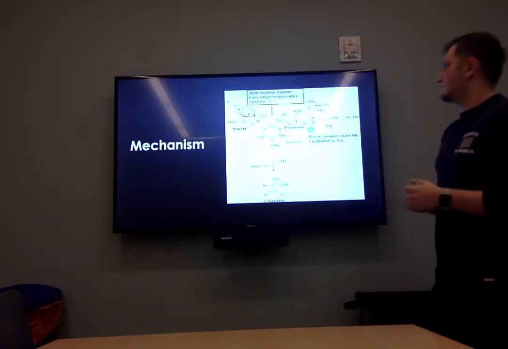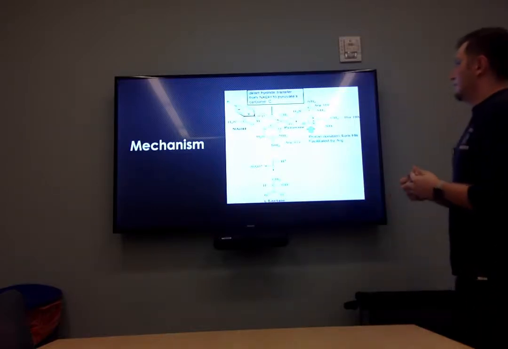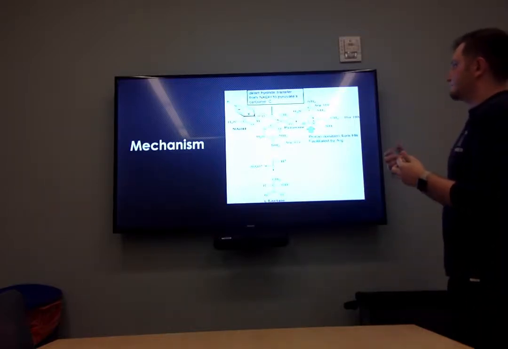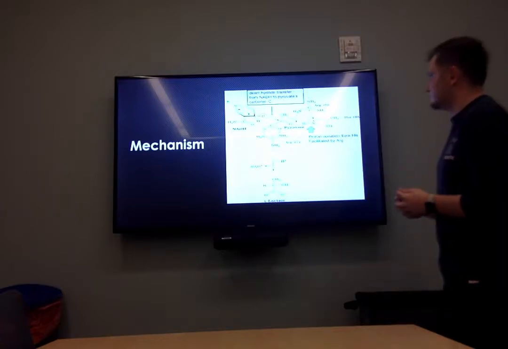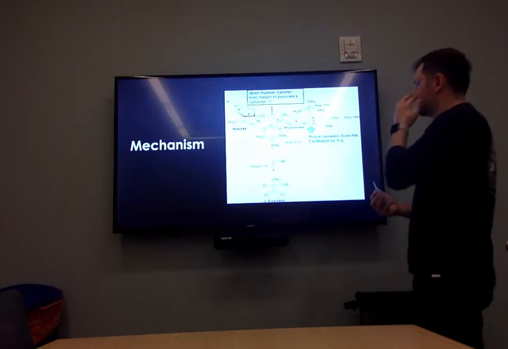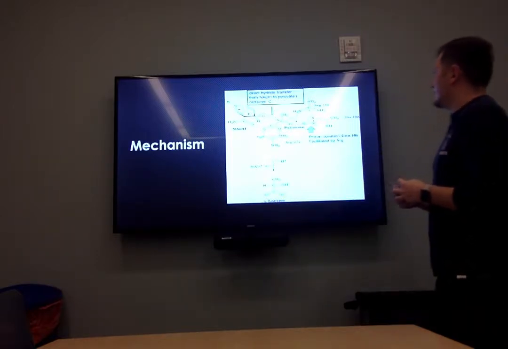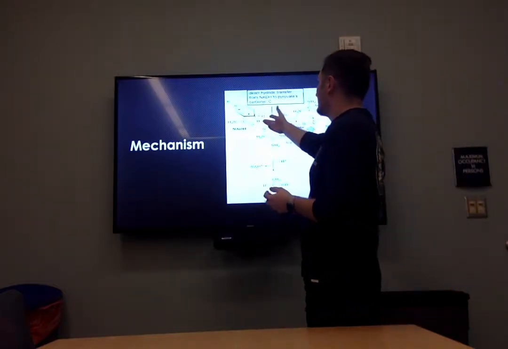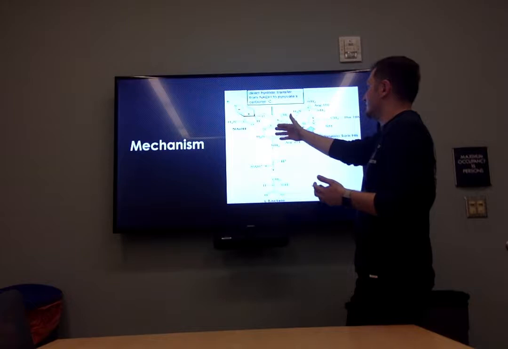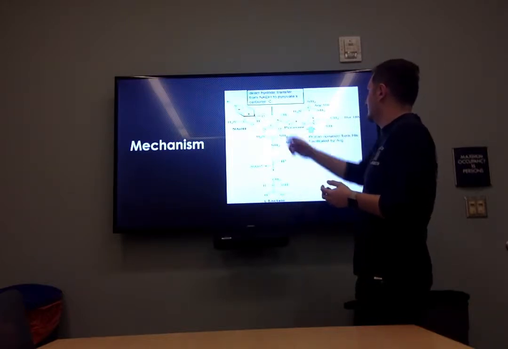So the mechanism for lactate dehydrogenase. Here I have the mechanism for pyruvate to lactate, which would be pyruvate reduction. We start off with the NADH. The NADH has the direct hydride transfer from NADH to pyruvate's carbonyl carbon right here.